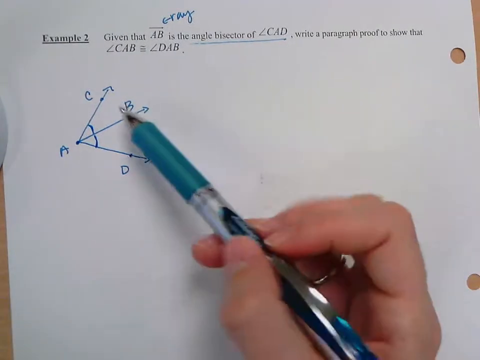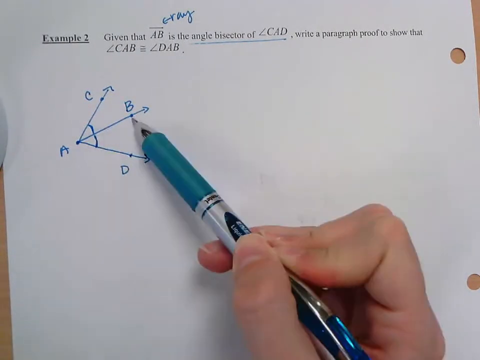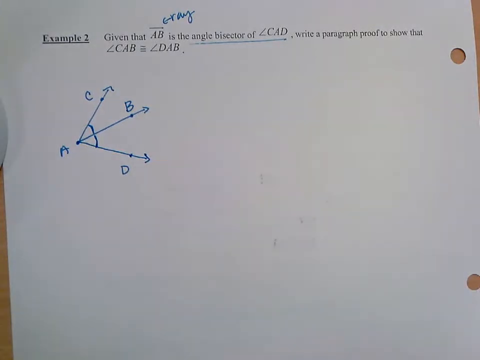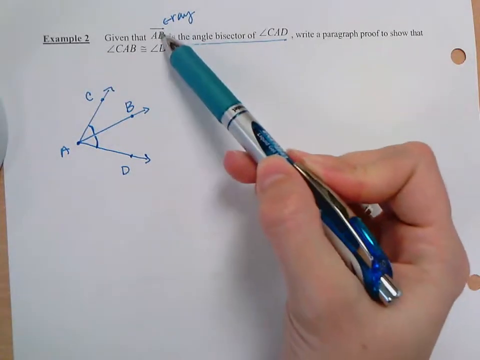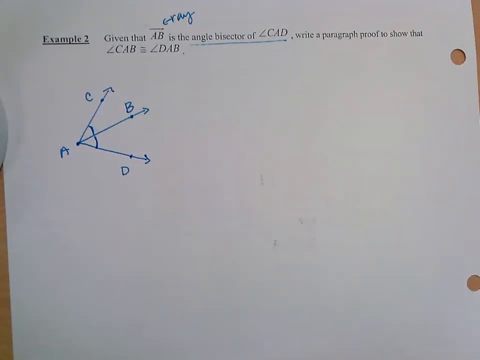If I'm trying to prove CAB is congruent to DAB, what proves it is the definition of what an angle bisector is. So this one's super short, it's one step. If ray AB is an angle bisector, of course, these two angles are congruent. I just now have to state that.